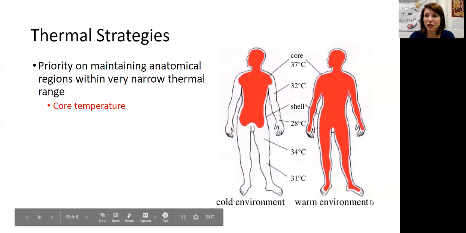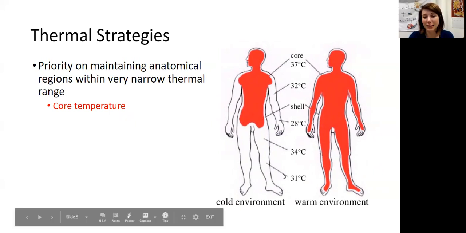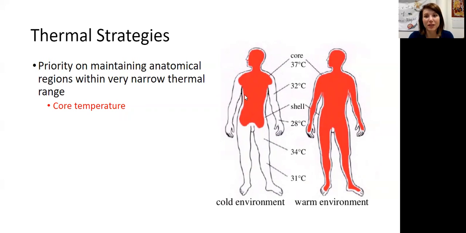So this is two different thermal images of a human looking at a cold environment and a warm environment. In the cold environment, that blood has been shunted towards vital organs. This is why your toes and your fingers get so cold. When it's cold outside, your body has decided that they're not particularly important, but we need to make sure that your heart and your lungs and your brain are getting plenty of blood.